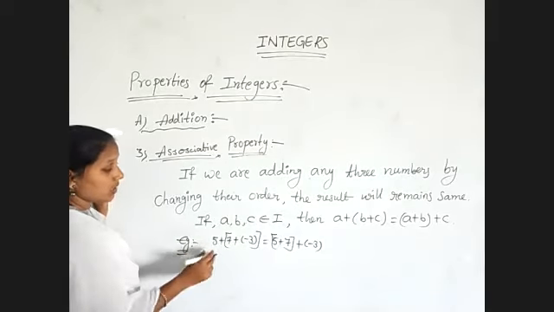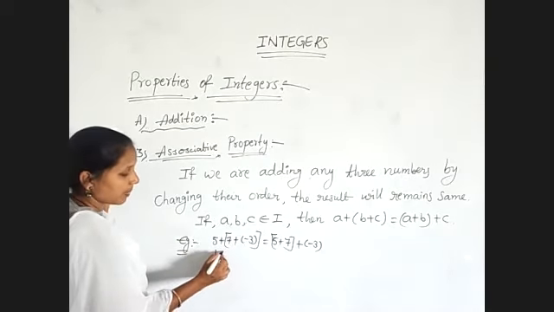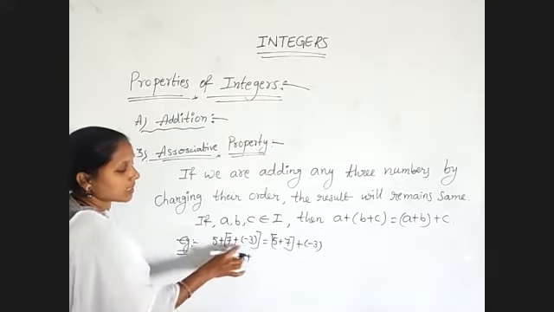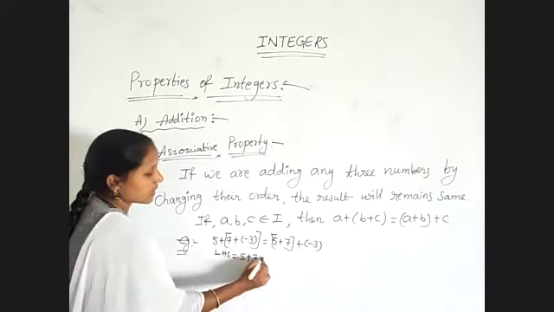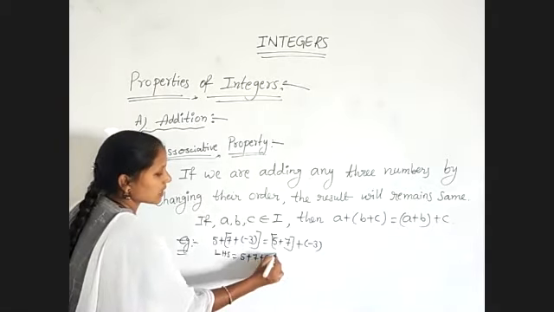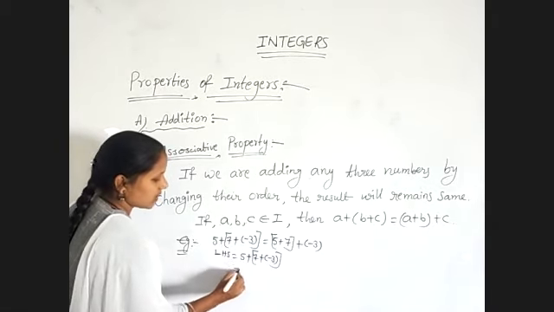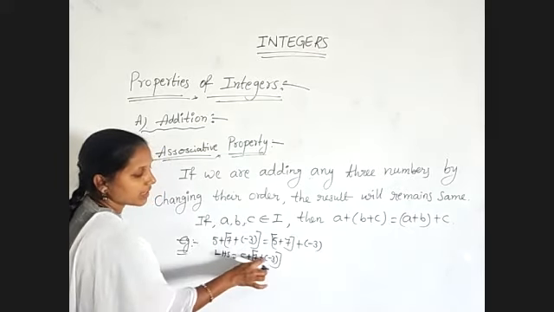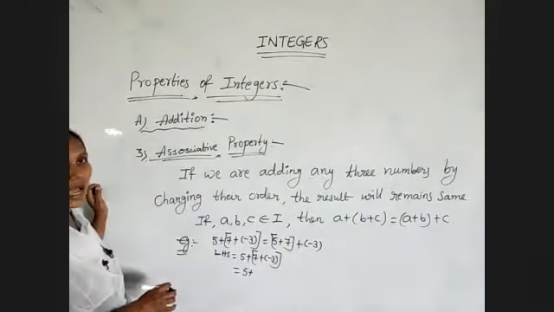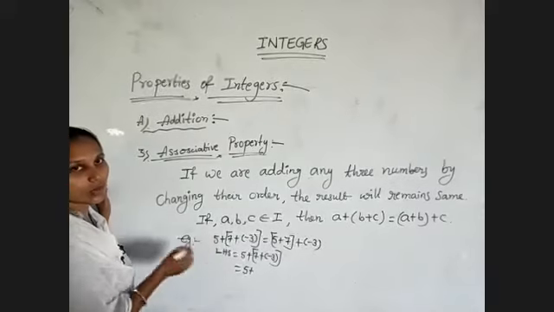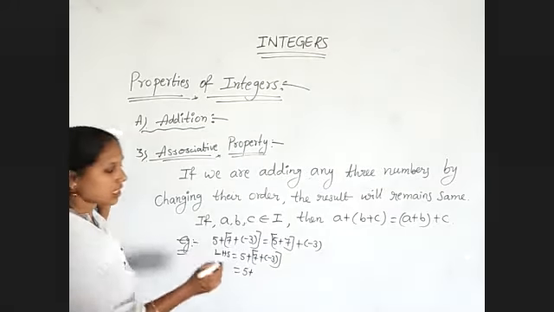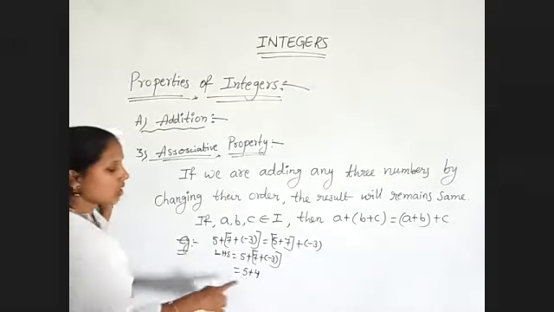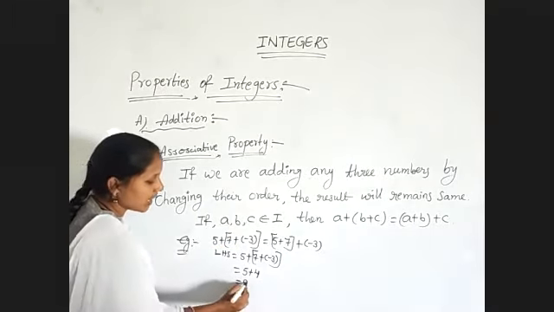We will see. 5 plus 7 plus of minus 3 is the LHS, which is equal to 5 plus 7 and minus 3. Unlike integers, we need to go for subtraction. 7 minus 3 is equal to 4, plus 4, that's why I am not writing the bracket. So 5 plus 4 is equal to 9.